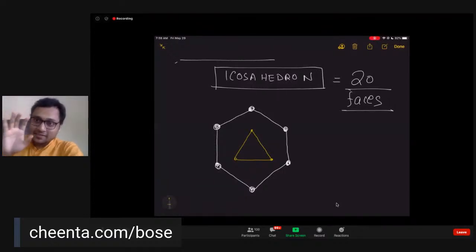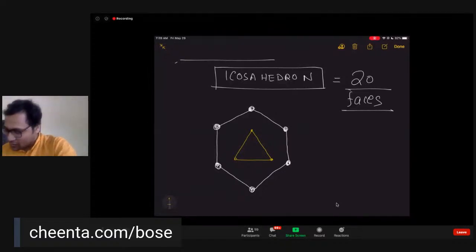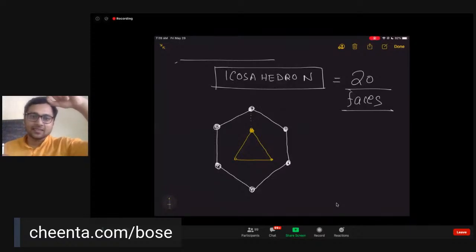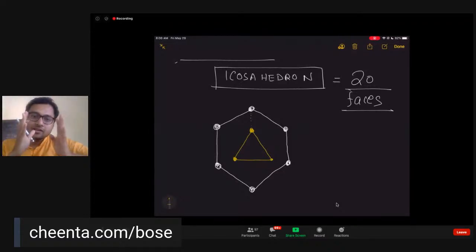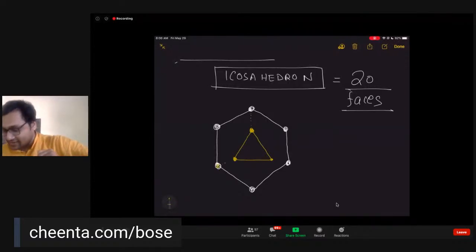I have drawn a triangle inside the hexagon, but not randomly. I put a vertex of the triangle right in front of a vertex of the hexagon.